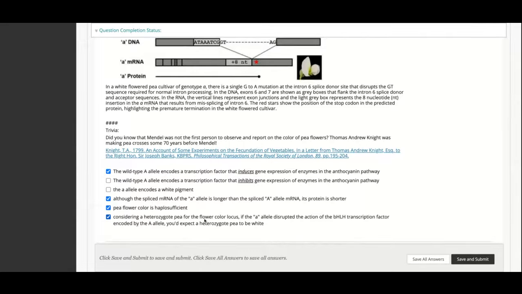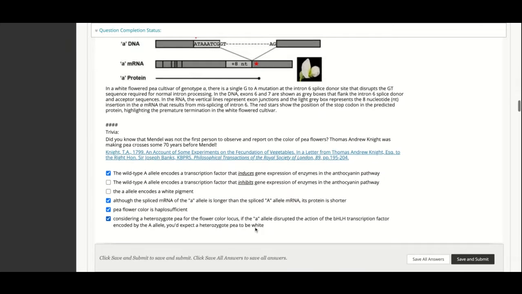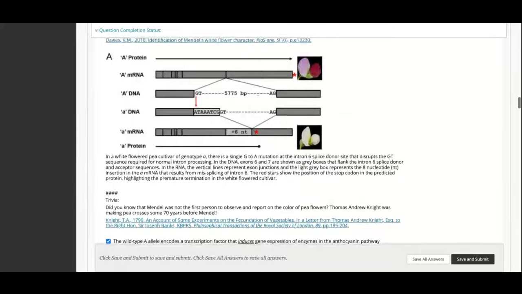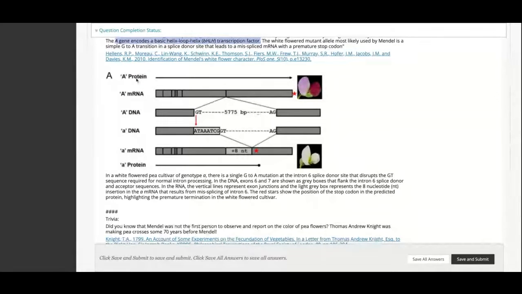considering data P for the flowering locus, if the little a allele disrupted the action of that, then you'd expect a heterozygote to be white. So if it fully disrupted, that is true. Let's see how that would happen. This is a transcription factor that will act on transcribing, let's say, some enzyme that makes this pigment.